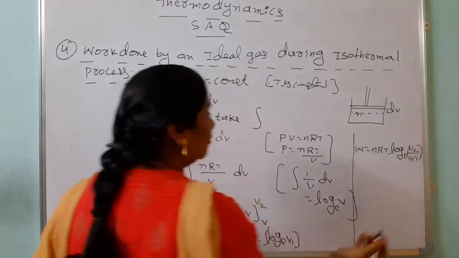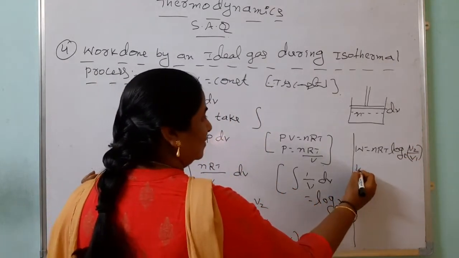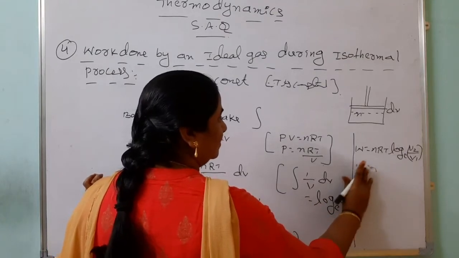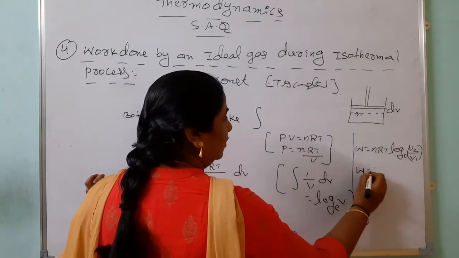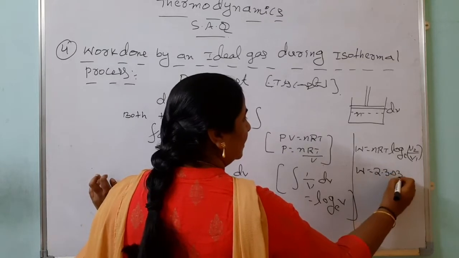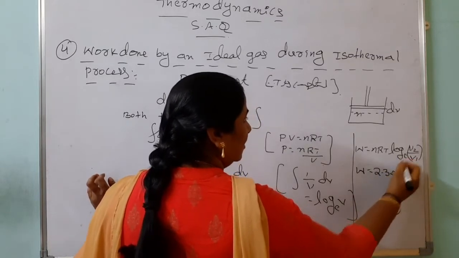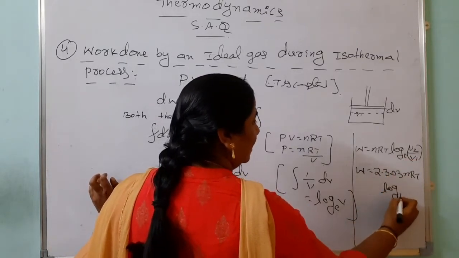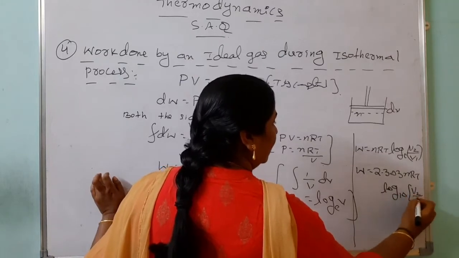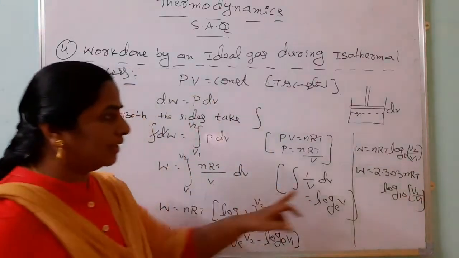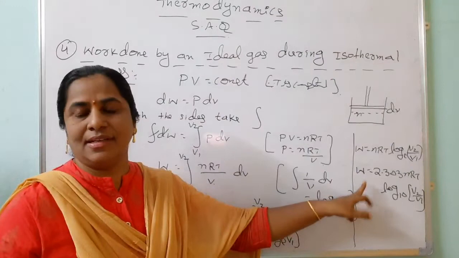In terms of base 10 also we can express this: we get 2.303 nRT log 10 V2 by V1. So this is the work done during the isothermal process.